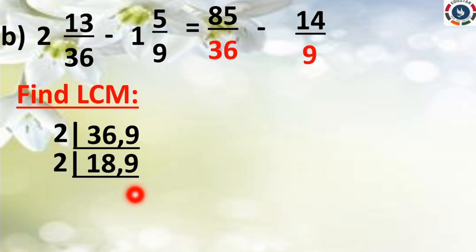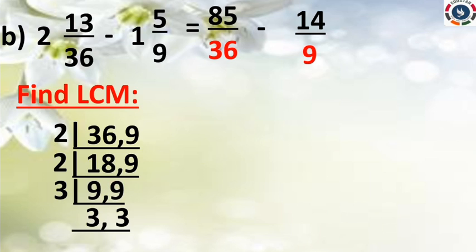So write 9 down. So 9, 9. Now the 9 and 9 both are odd numbers. So I am going with the next odd prime number. What is that? 3. So going to use 3 to divide the value. So write 3 outside. How many times are 3s there in 9? 3 times. So next 9 also having 3 times. So 3, 3.